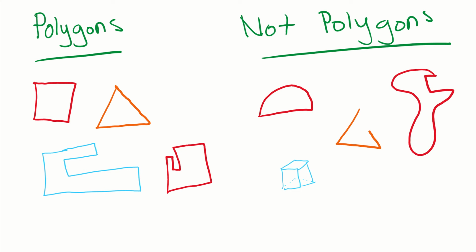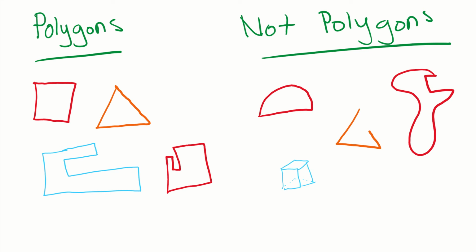Let's have a look at what we see here as deemed not polygons and polygons. First things first, what do we notice in the not polygons that we don't see in polygons?